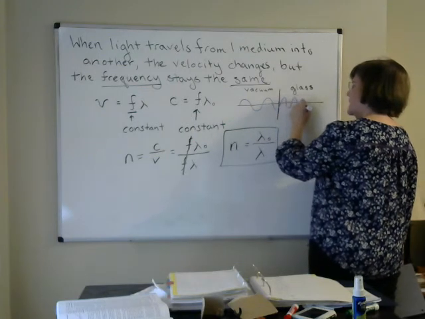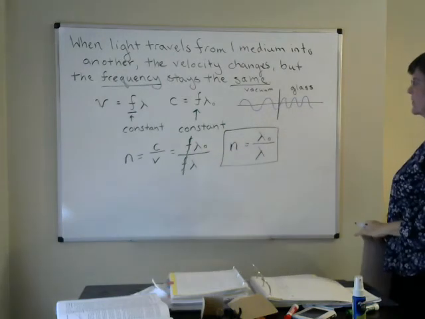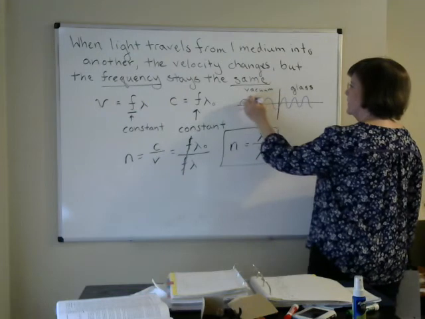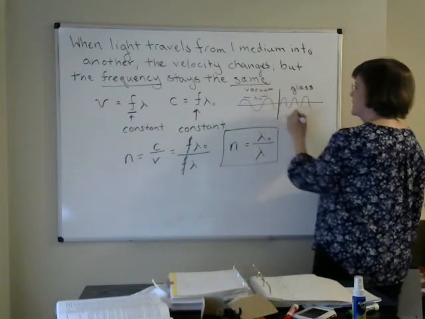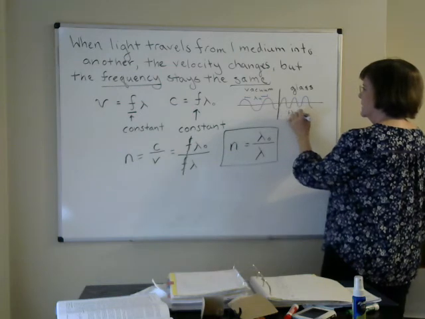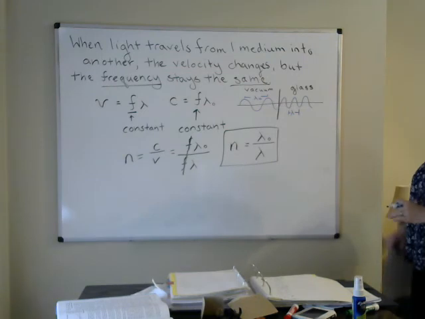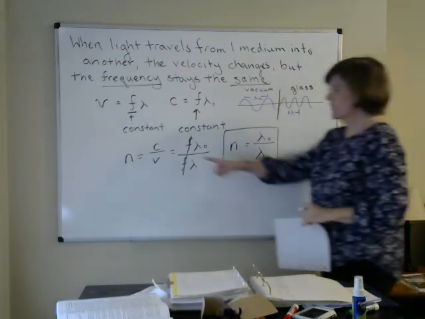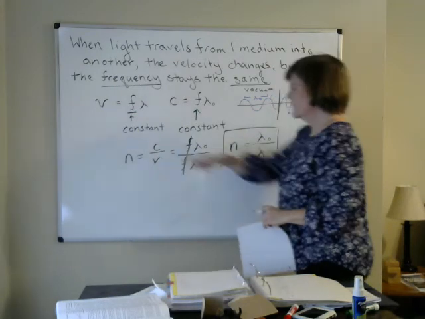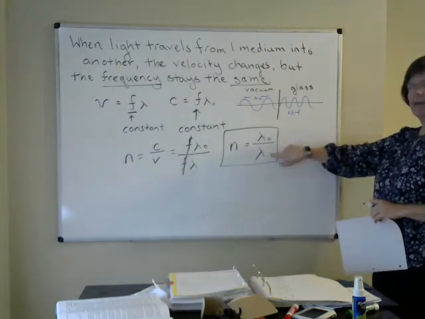So the wavelength's going to get shorter. Okay? So the wavelength in a vacuum, from here to here, it's always going to be longer than what it is when it travels through something else. So n is not only the ratio of the speed in the vacuum to the speed in the material, it's also the ratio of the wavelength in the vacuum and the wavelength in the material.